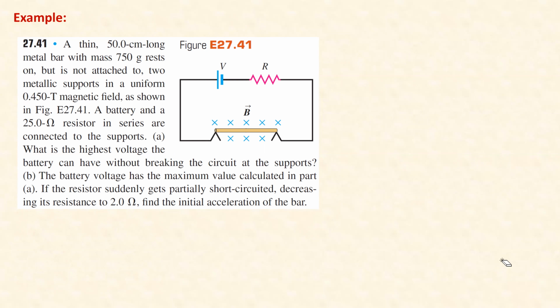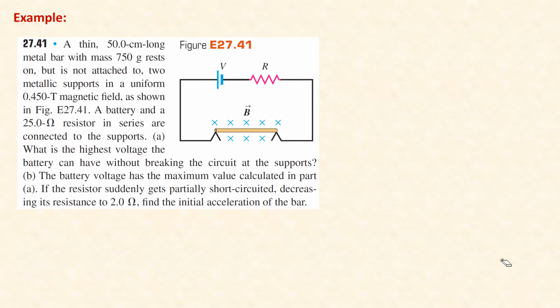What is the highest voltage the battery can have without breaking the circuit at the support? B: The battery voltage has the maximum value calculated in part A. If the resistor suddenly gets partially short circuited, decreasing the resistance to 2 ohm, find the initial acceleration of the bar.